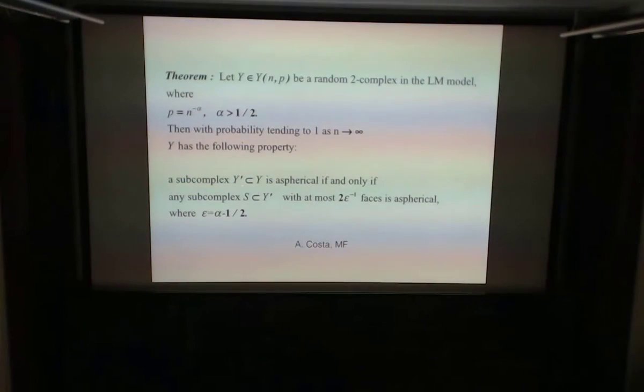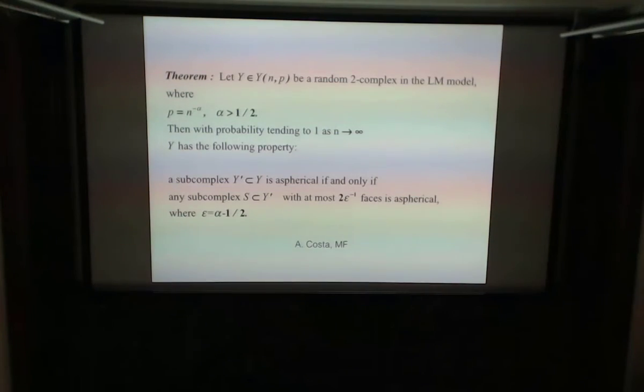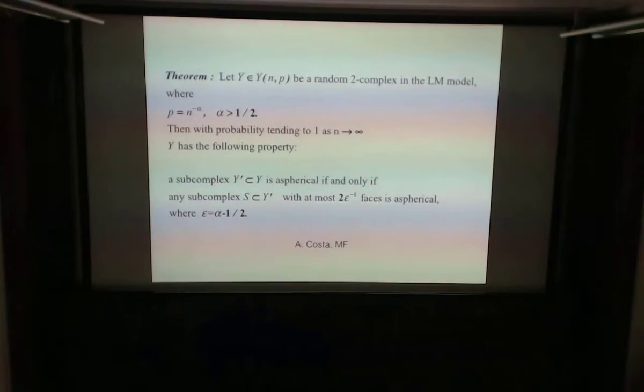I'll just say it in simple words: a subcomplex is spherical if and only if it has no small bubbles, small pieces which it shouldn't have if it is spherical.